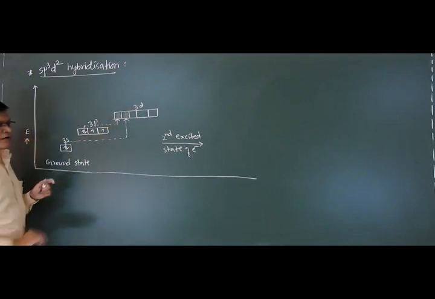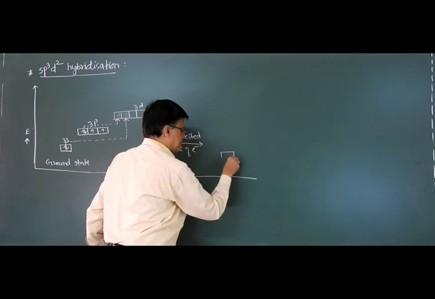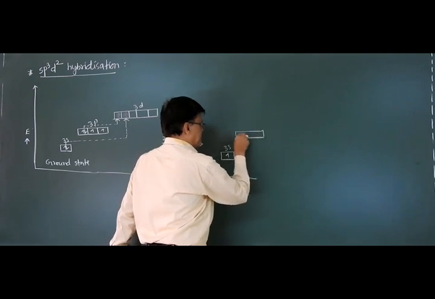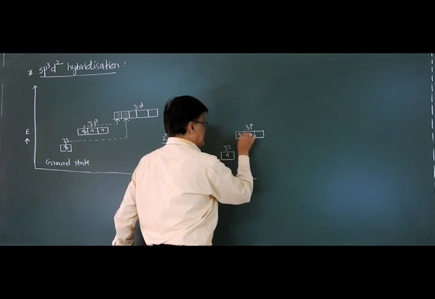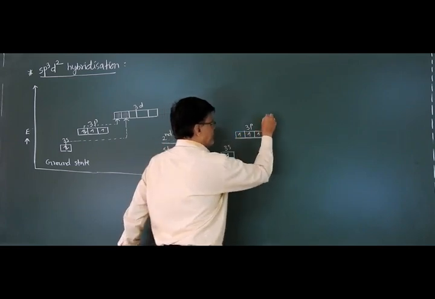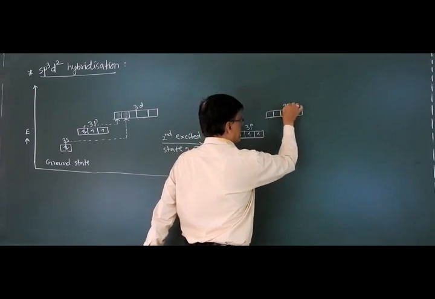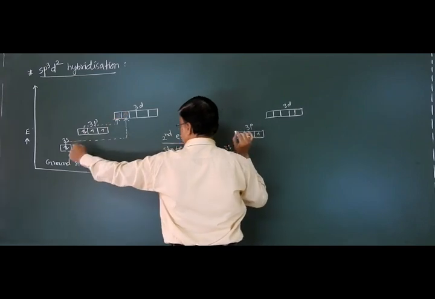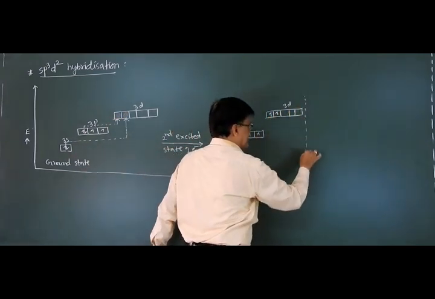3s now has 1 electron, 3p has 3 electrons, and 3d has 2 electrons. 1 electron is coming from 3p, 1 electron is coming from 3s.